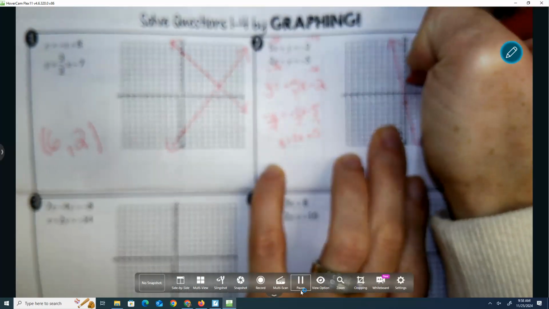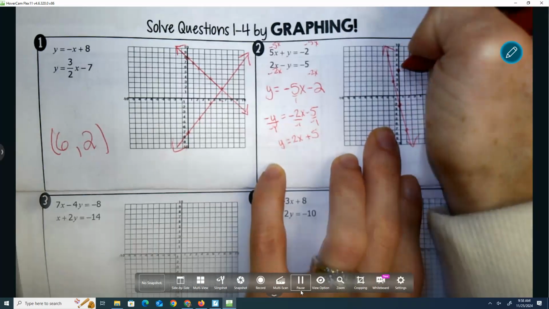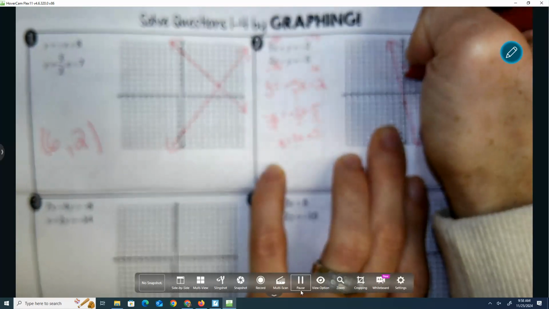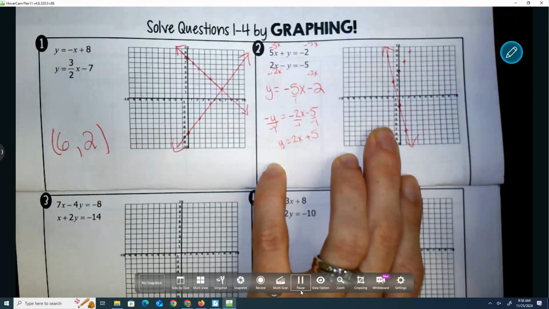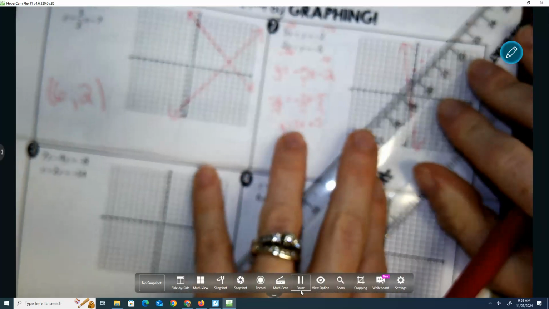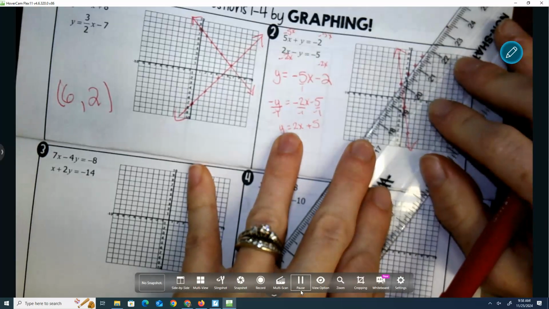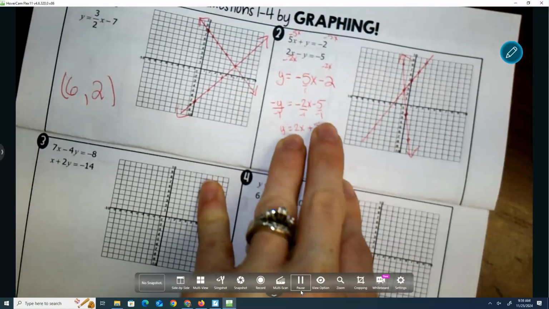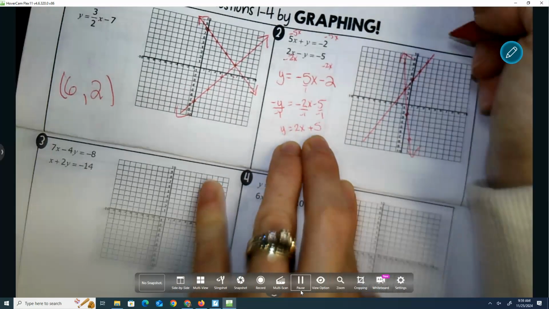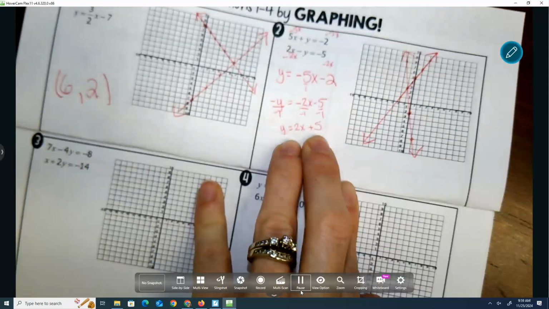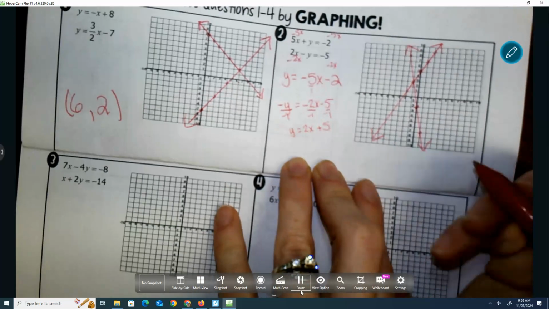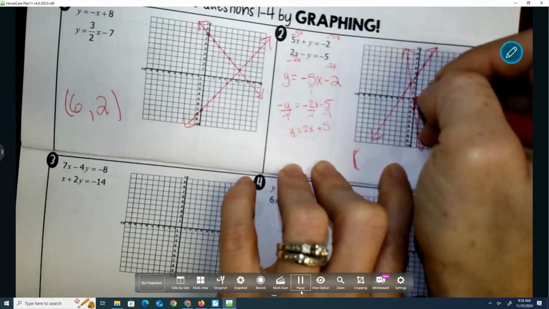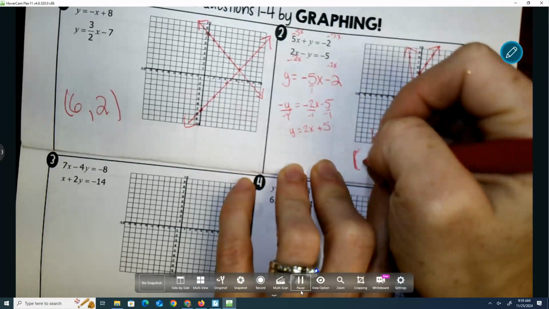So start at 5, slope is 2, up 2 over 1, or down 2 and backwards 1. So our solution, the ordered pair, we can see the x is negative 1, the y is 3.